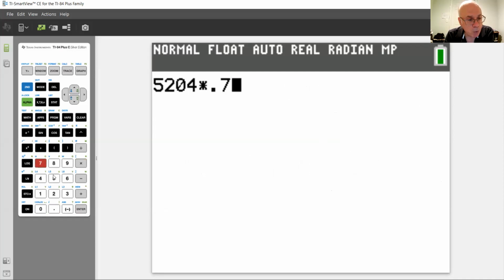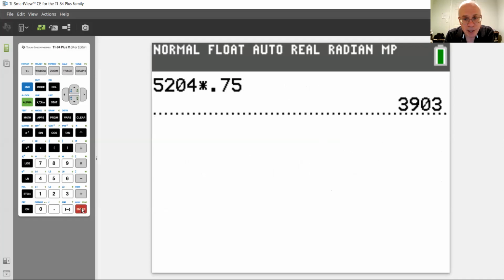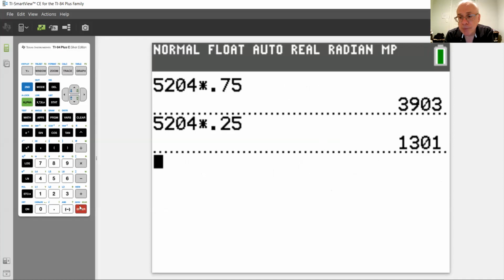I can tell you that's way above 10. 3,903, obviously. And then we're going to do n times 1 minus p. And what is 1 minus p? 0.25. So very easily we can use the normal distribution.